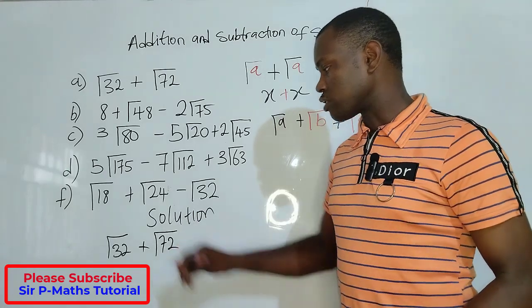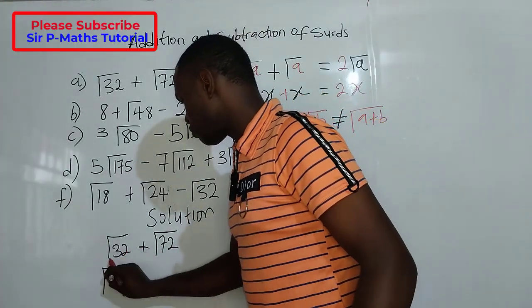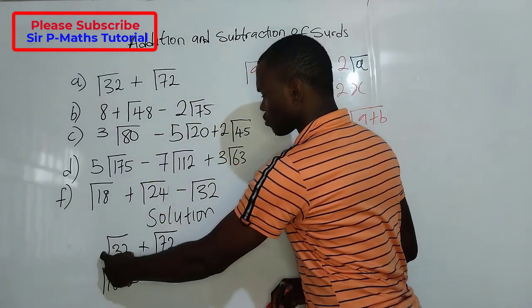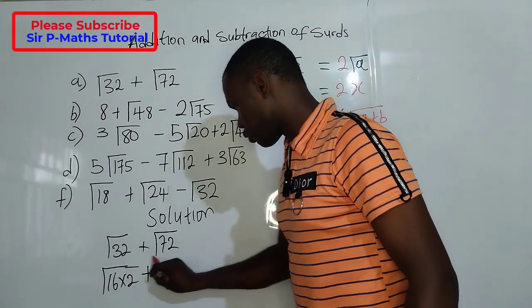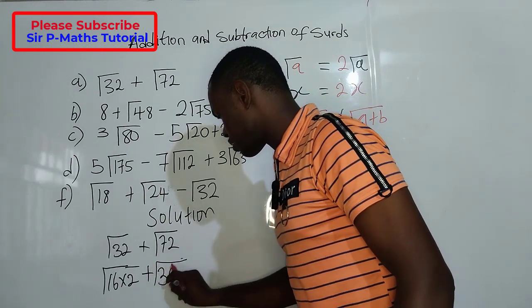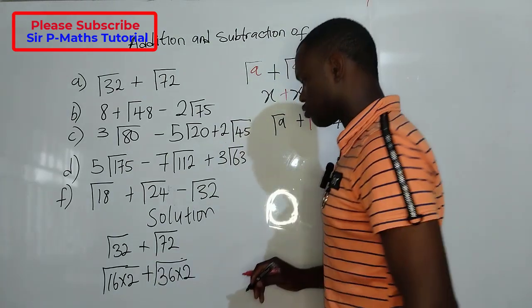Then you use it and simplify. For 32, I will have 16 times 2 to give me 32, and you know that 16 is a perfect square. Plus, for 72, I will have 36 times 2. 36 times 2 will give me 72.